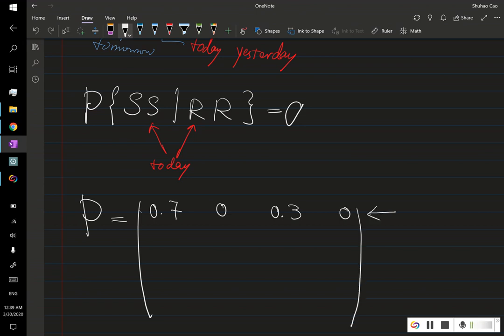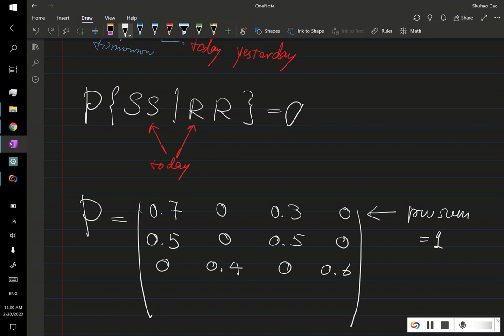As we can see, the row sum equals 1. For the rest, I'm going to write down the numbers, and the verification is left as an exercise.